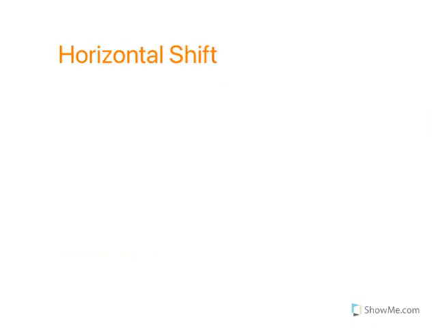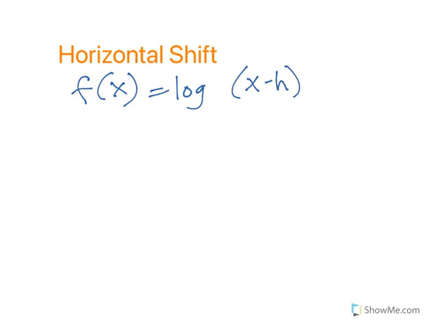Okay, now, when we get into the transformations, we are moving the logarithmic function around. So first, the horizontal shift is noted in our function by the values inside with our argument. So if we have inside here x minus h, let's use numbers because sometimes numbers are easier.